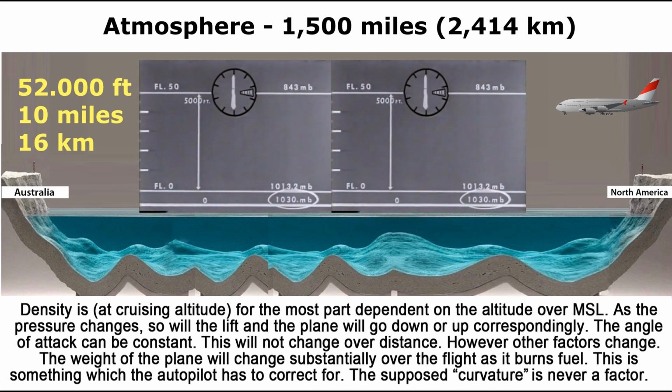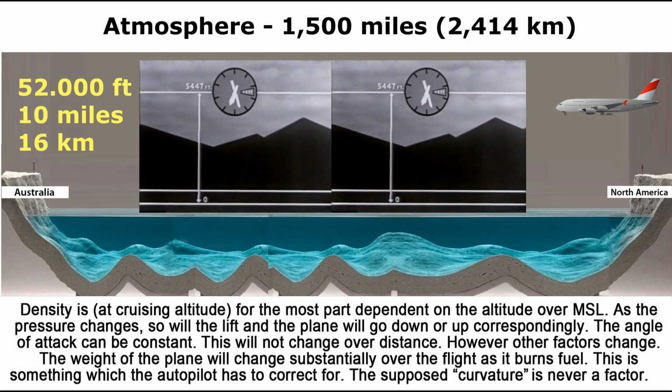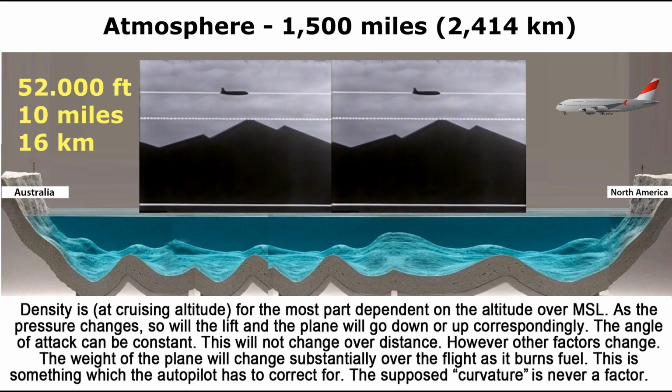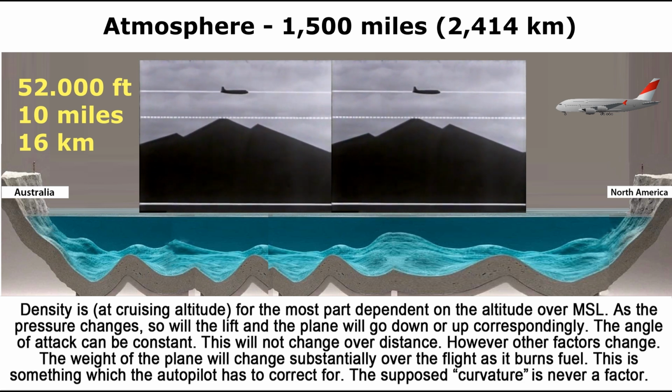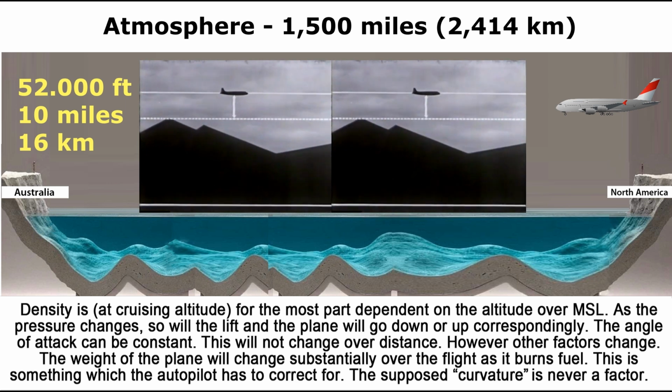At flight level 50, where the pressure is still 843 millibars, the altimeter now indicates 5,447 feet, this time above mean sea level. The pilot can now subtract the elevation of the terrain from his altitude and obtain his terrain clearance.